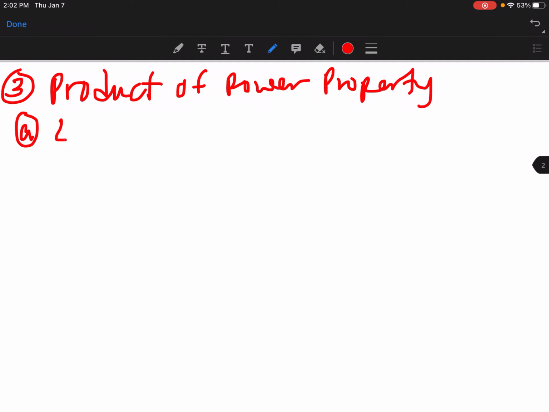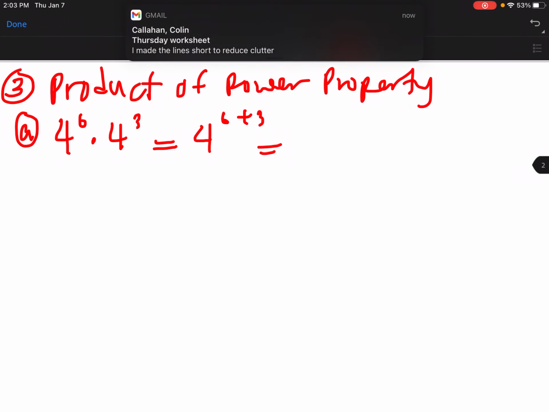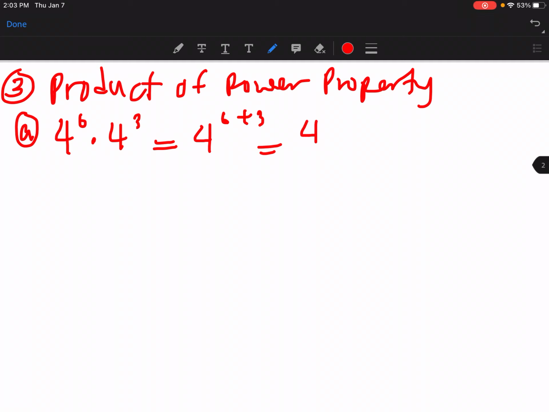If I have 4 to the 6 times 4 to the 3rd power, now when I multiply two bases that are the same, the product property says that I can add their exponents. So 4 to the 6 times 4 to the 3rd is the same as 4 to the 6 plus 3. Therefore, this is 4 to the 9th.